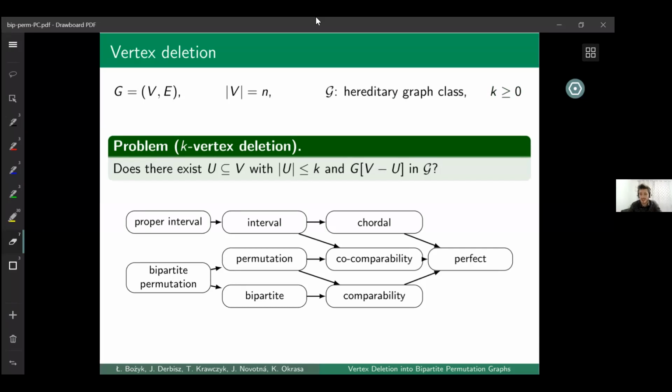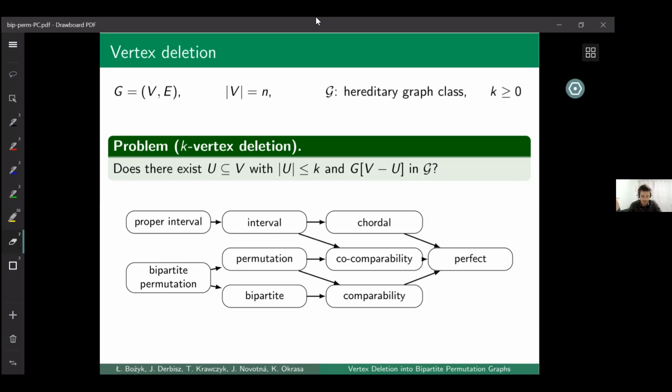There are several important graph classes, as you can see, subclasses of perfect graphs, which are important, particularly from the parameterized point of view. And also which are important from the point of view of the theory of partially ordered sets.